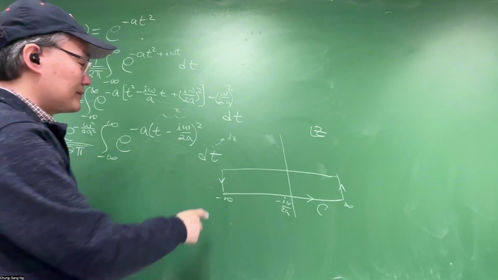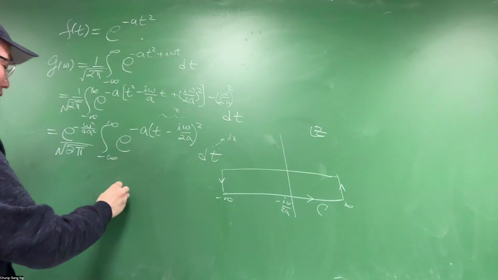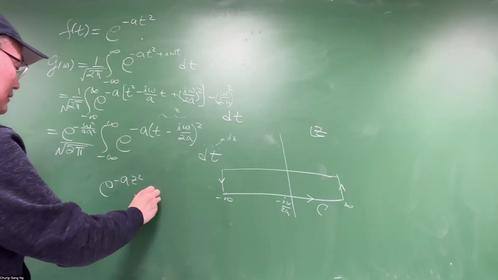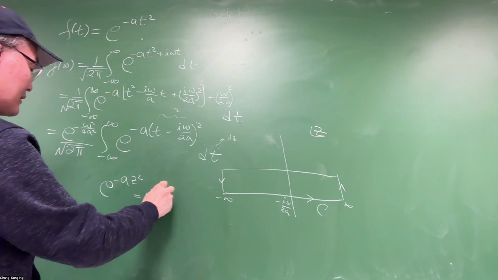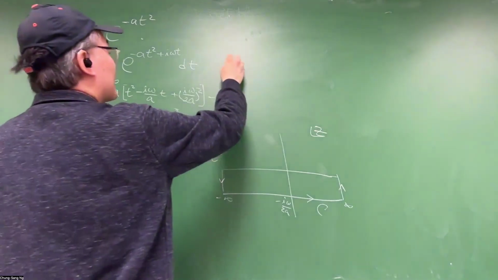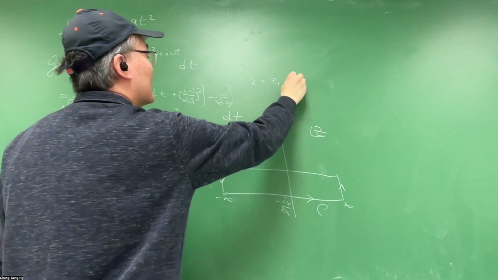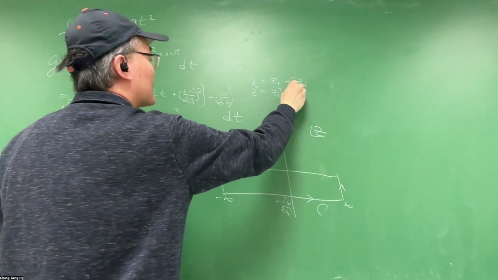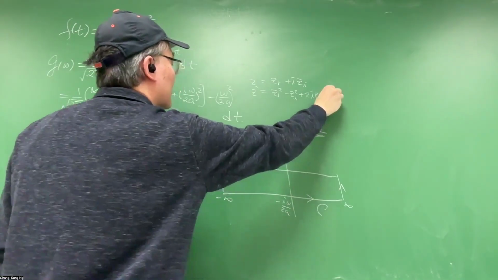The argument is that this is e to the minus a C squared. So work it out there. e to the minus a, you have the real part, right? C is C_R plus i C_I. C squared is C_R squared minus C_I squared plus 2i C_R C_I, right?